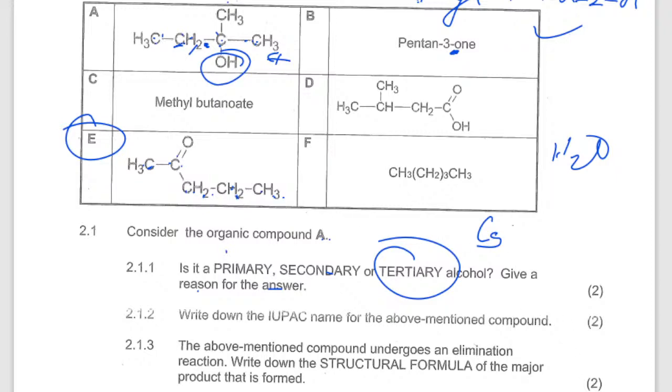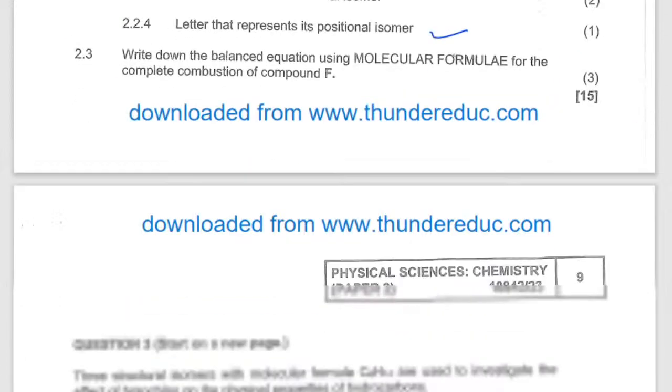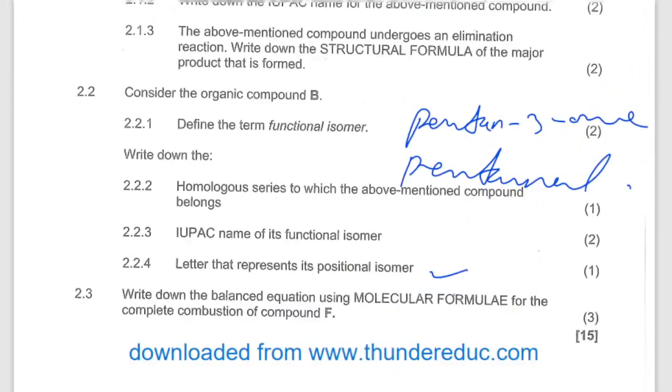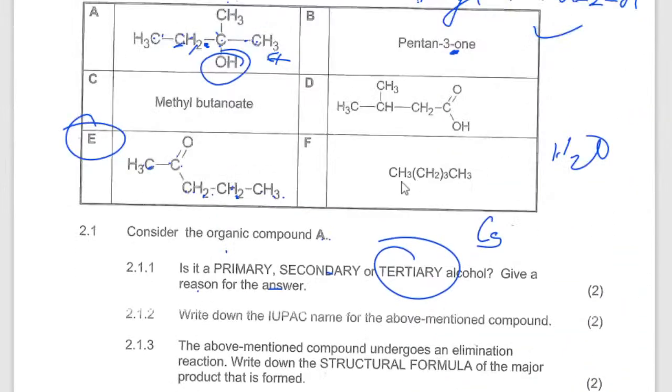Did I say E? Let me check. Oh, F. Sorry guys, it's F. So it is 3 plus 2 times 3, this is 6 plus 9, 12.